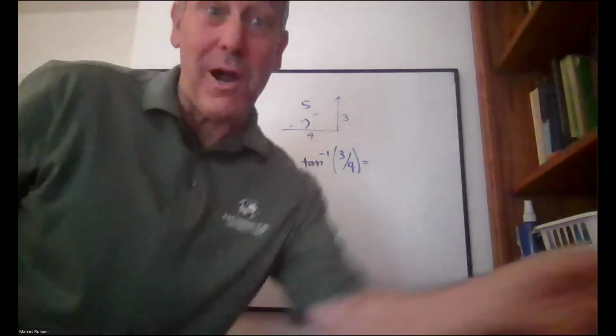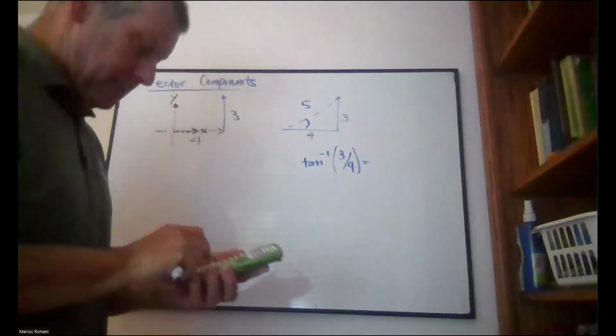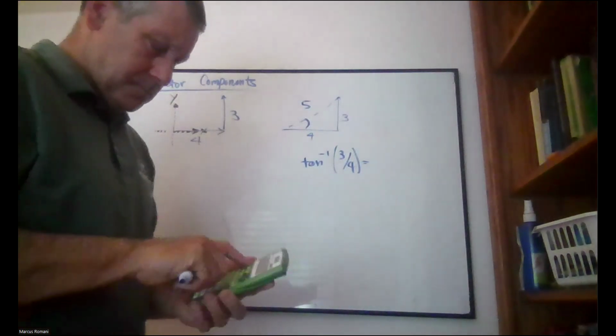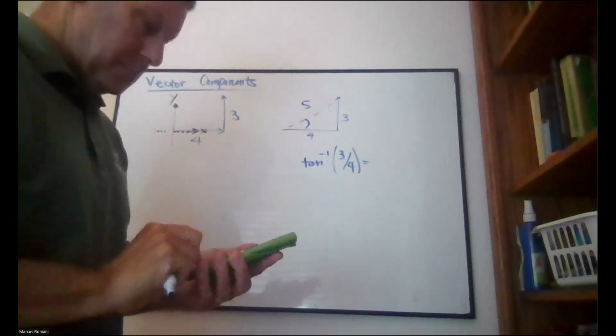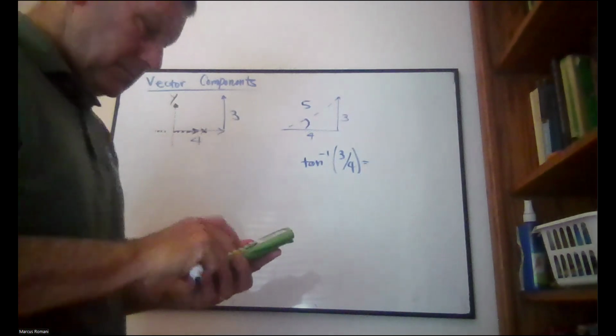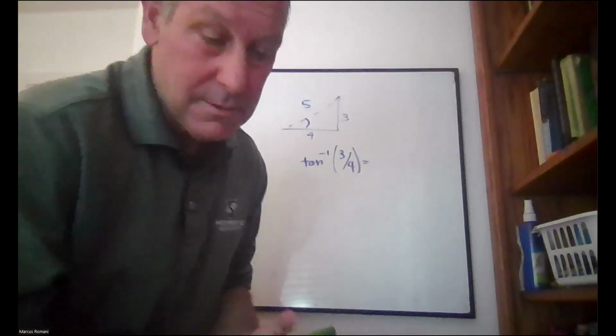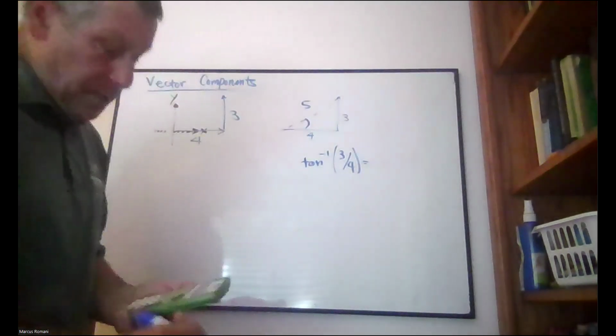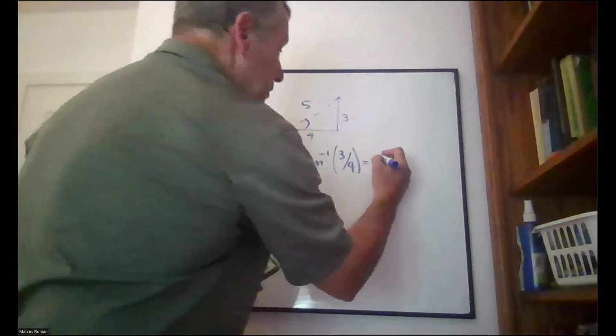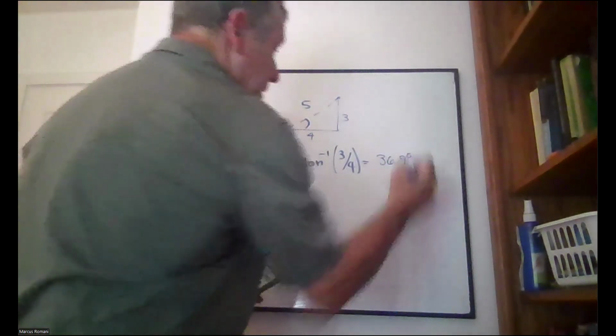I don't have that one memorized, so give me just a second to do that on my calculator. Hang on for just a second, please. And when I punch that into my calculator, I get 36.9 degrees.